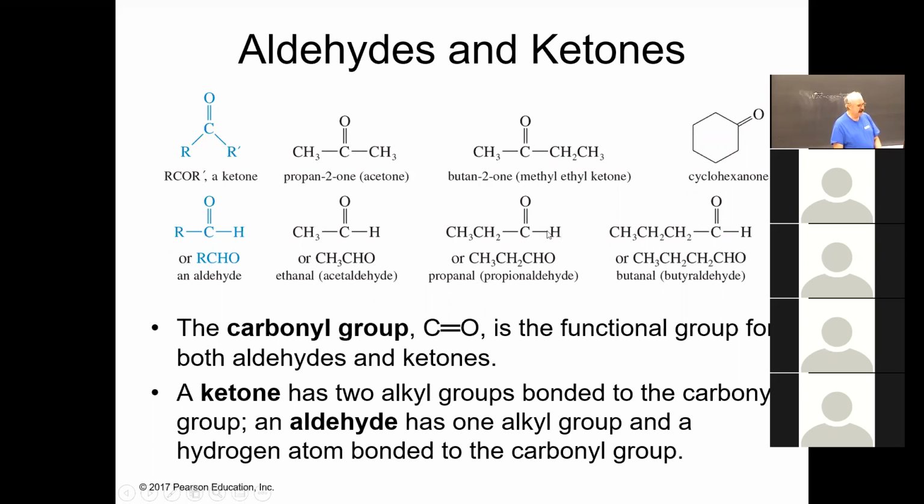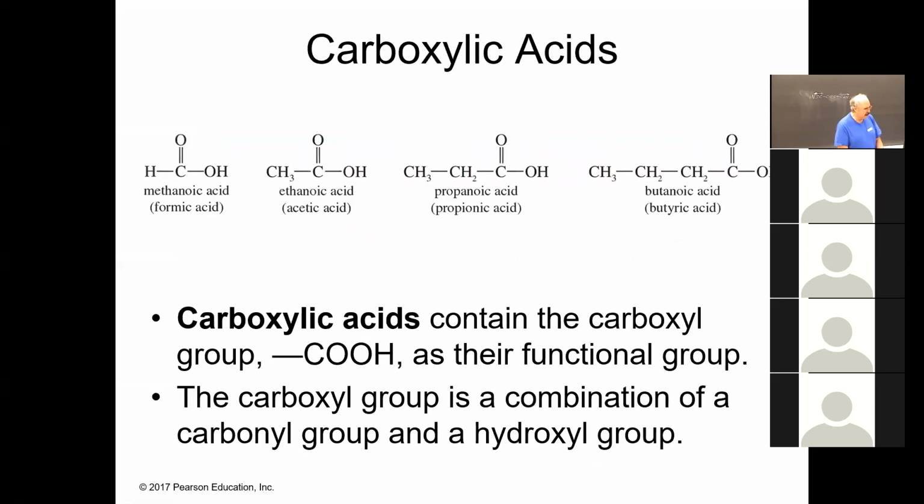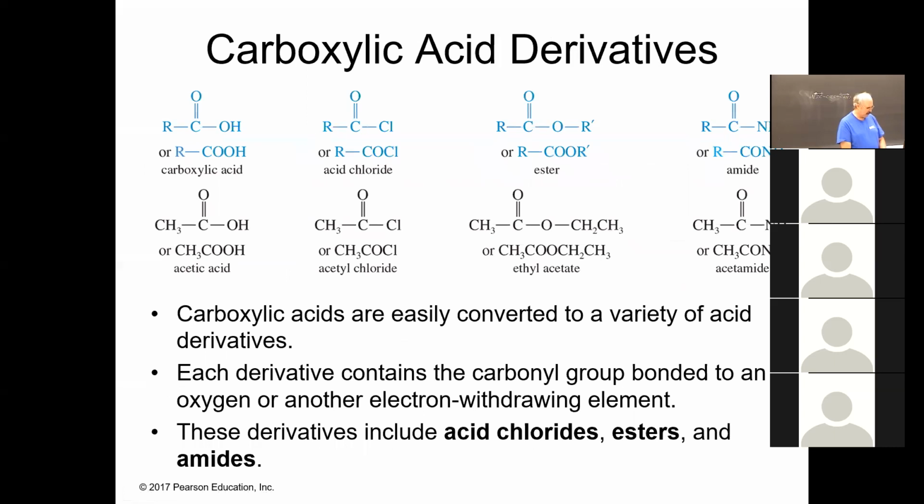Aldehydes and carboxylic acids often get confused. The carboxylic acid will have an extra O here. With a ketone, the carbonyl carbon is bonded on both sides by carbons. It's bonded on one or both sides by hydrogens in an aldehyde. Okay, here are carboxylic acids.